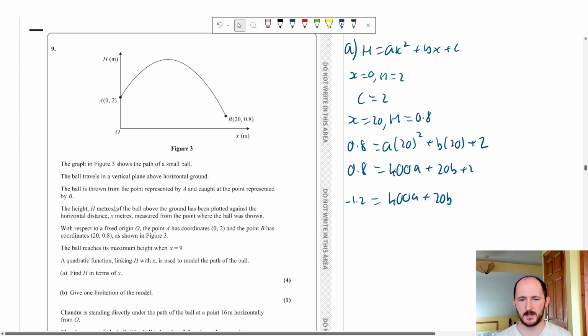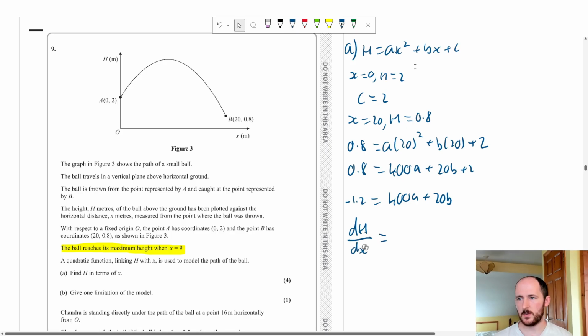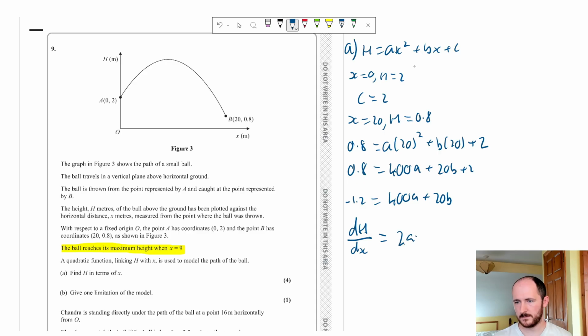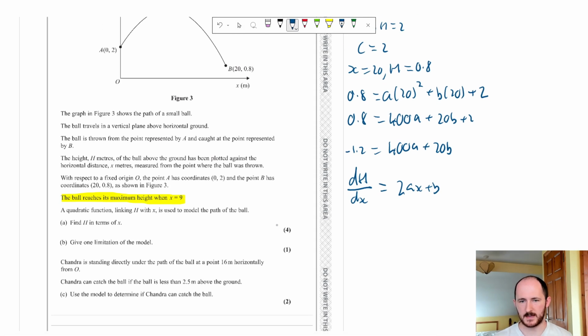There is another equation. If you read through here, there's another line that says the ball reaches its maximum height when x equals 9. So you can either use completing the squared form, or maximum just means when you differentiate, right? So if I differentiate my original equation, we get 2ax plus b. And it says when x equals 9, we get the maximum.